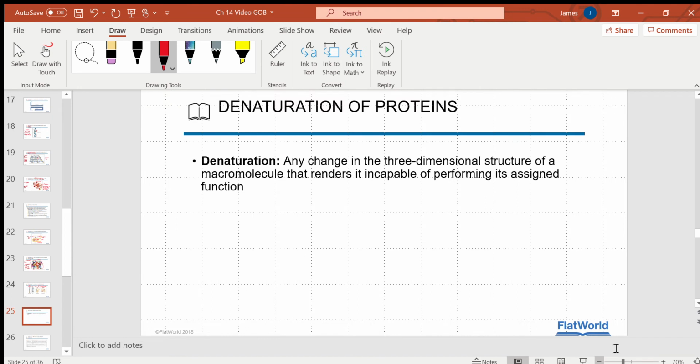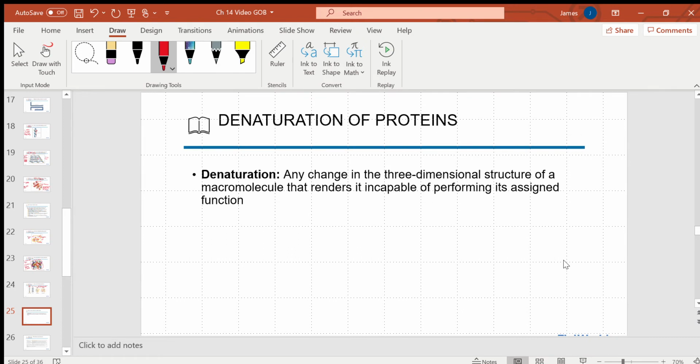So denaturation of proteins. So this is when you damage the structure of proteins. So you change the structure so it's rendered incapable of function. So e.g., when you cook food, we know that you can sanitize food.